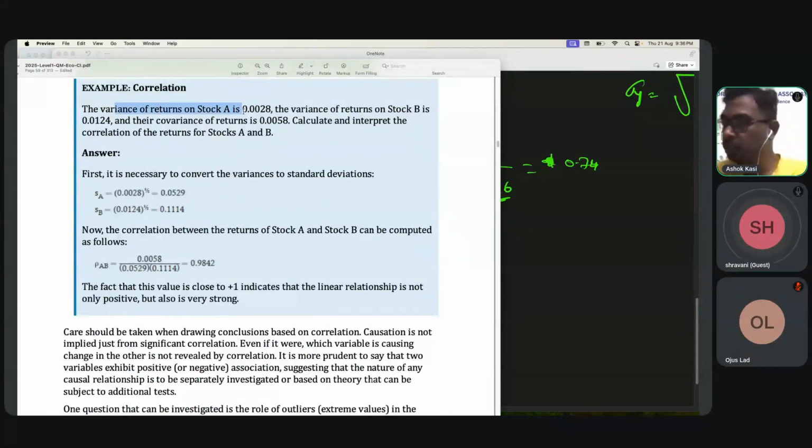So variance is given. Stock A, stock B variance is given. Covariance is given. How to calculate correlation?